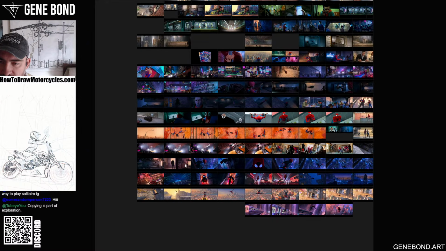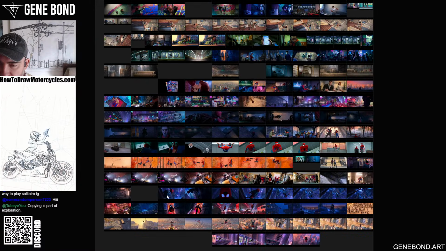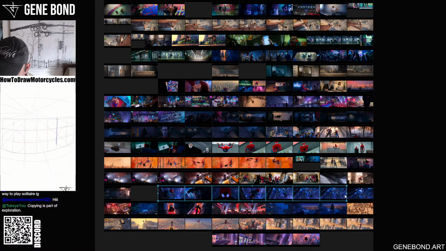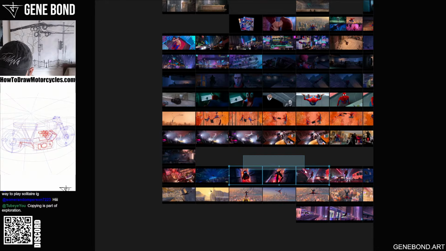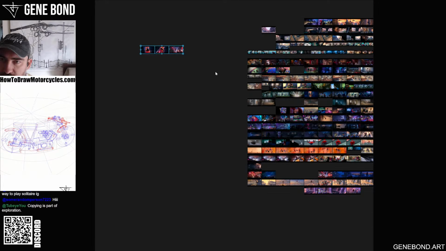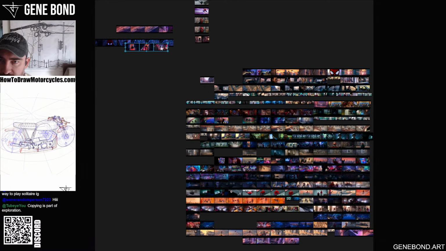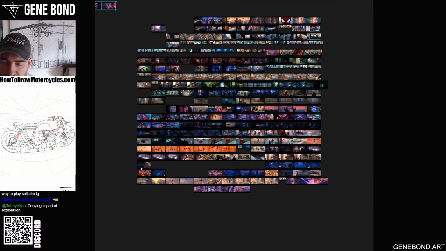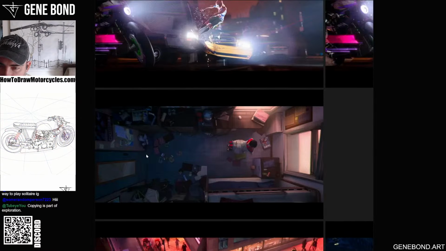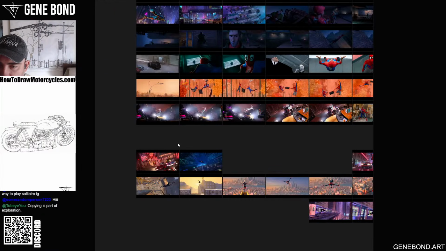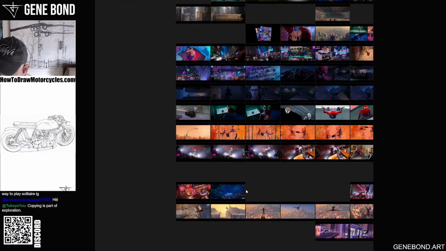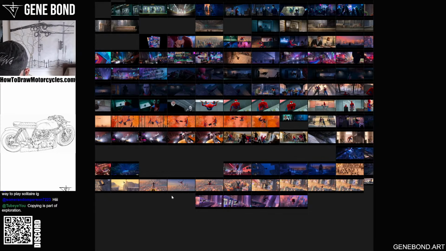Definitely one character will repeat most often, because we have a lot of shots with Spider-Man. So I think the hierarchy will be one character most, then two characters. Insane, so many.